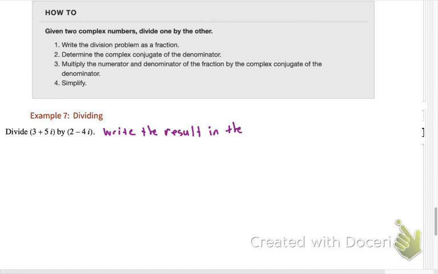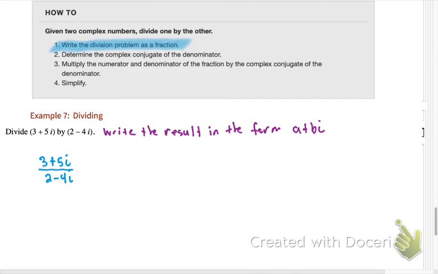Okay, now step number 1 is to write the division problem as a fraction. So we're going to be dividing 3 plus 5i by 2 minus 4i, and somehow there's a way to write this in just the standard form a plus bi.